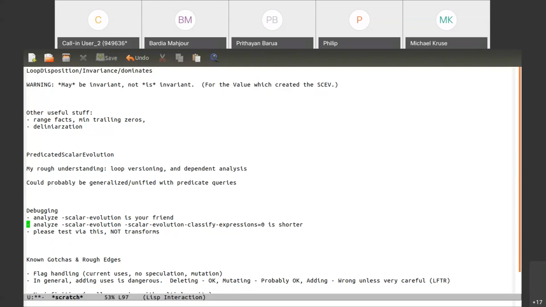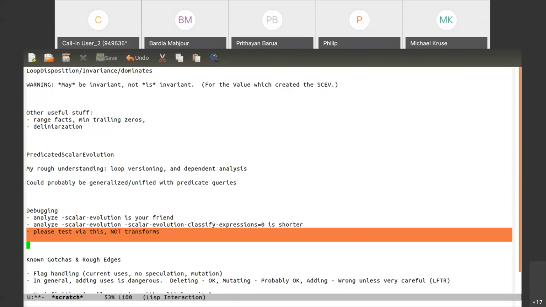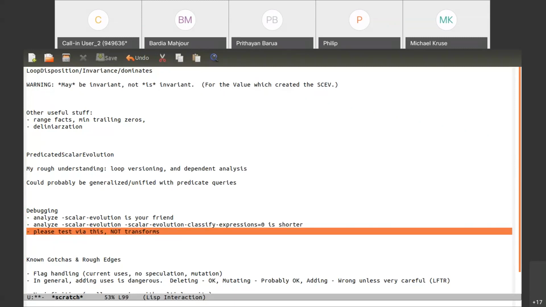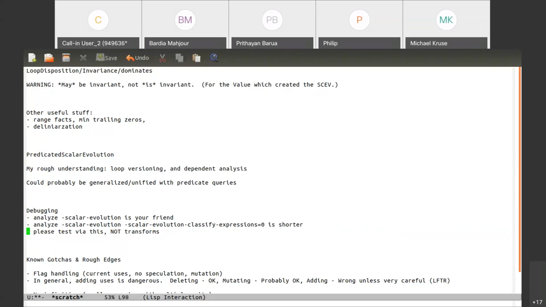The other thing, and this one I want to highlight and emphasize and put in bold, and please, if you remember nothing else from this talk: if you're working on SCEV, please test SCEV. Don't test indvar simplify. Don't test loop unrolling. Please, please, please.